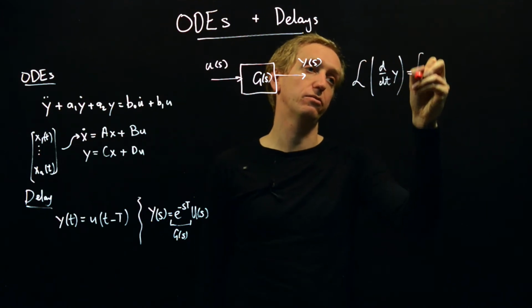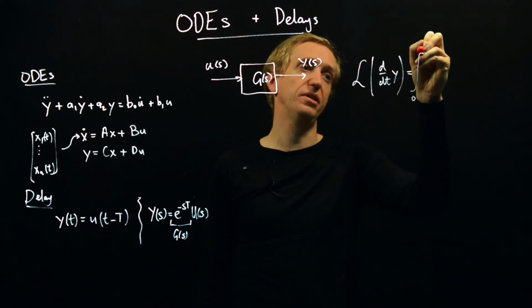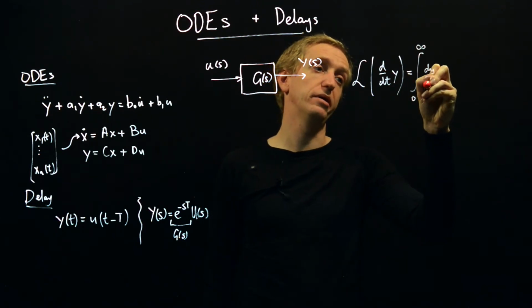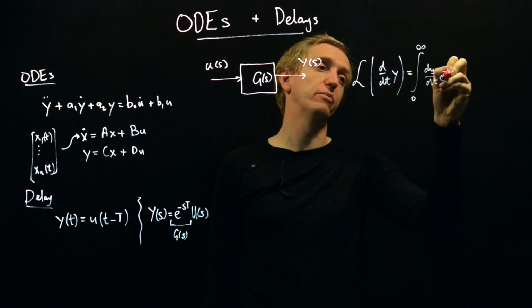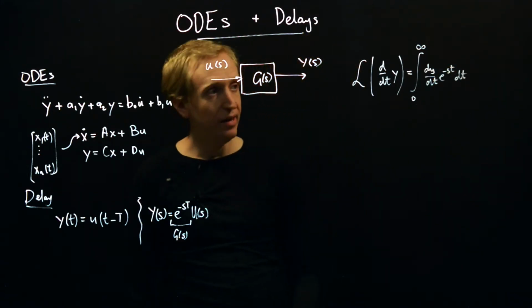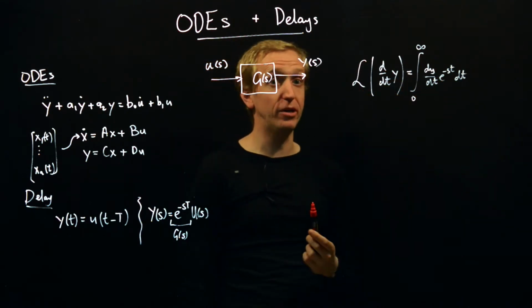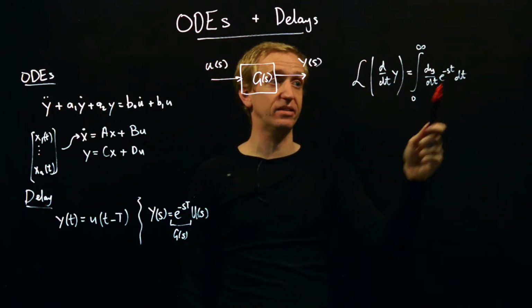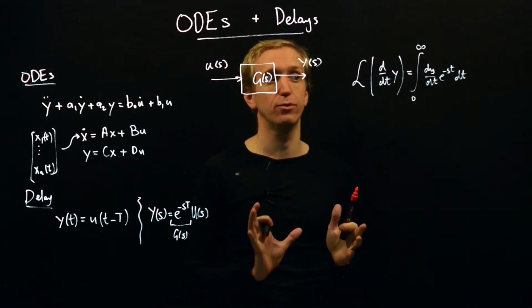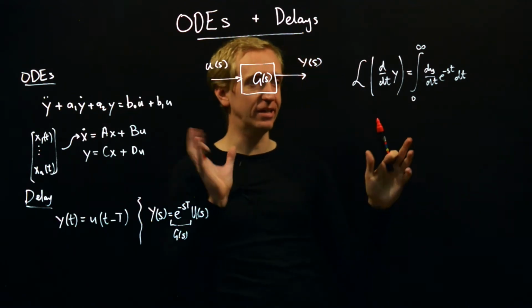This is just equal to the integral from 0 to infinity of dy by dt e to the minus st dt. And what's an easy trick that we could use to turn this integral into something that looks like the definition of the Laplace transform of y? Hopefully it's screaming out at you.